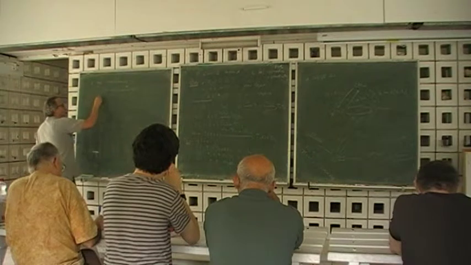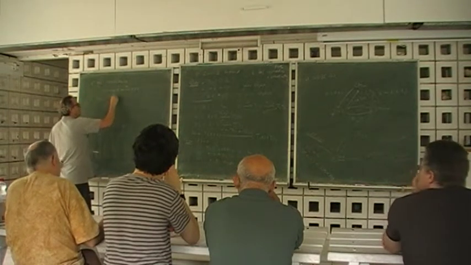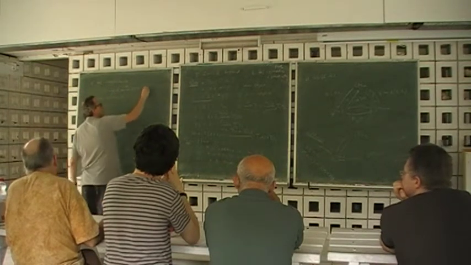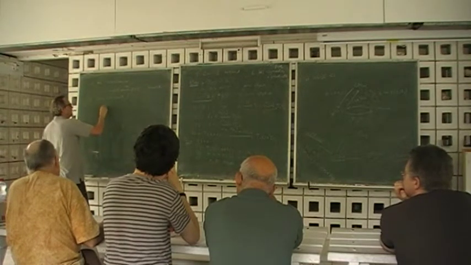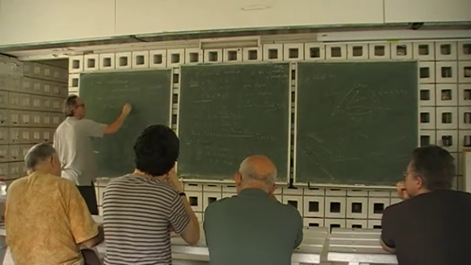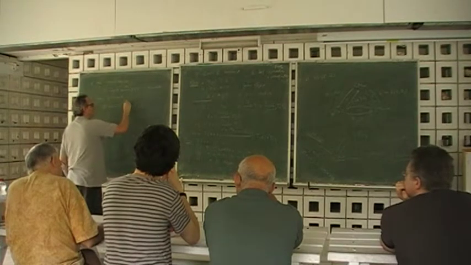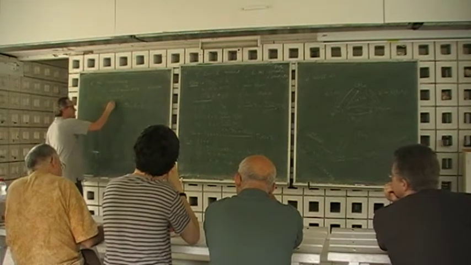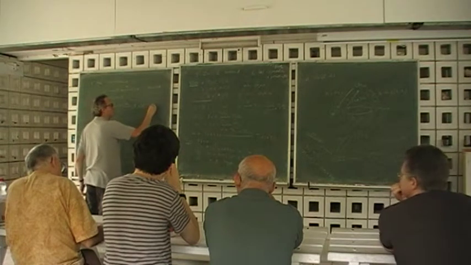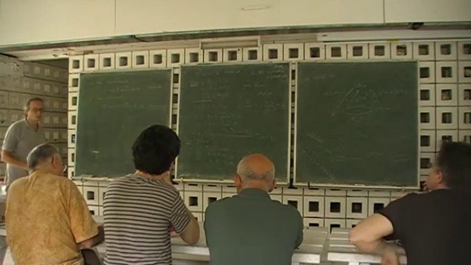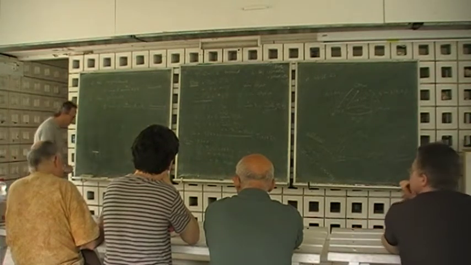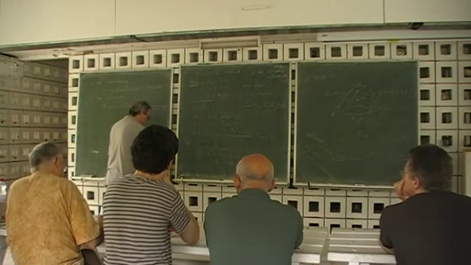Similarly, if C has products, then this is a comonoid. It's the only comonoid you can have on this tree.